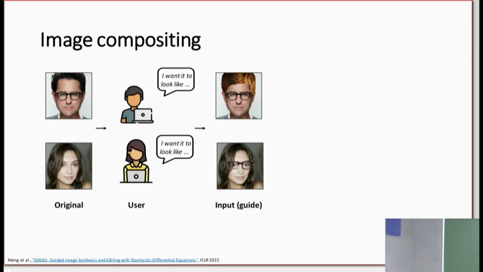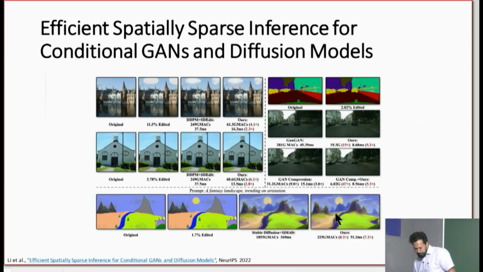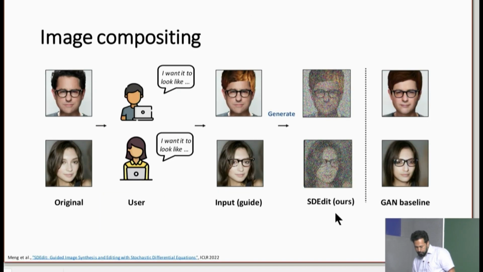You can put on glasses there. So it's possible, and here also they could do this kind of color change and put glasses on and so on. So these are the edits they could do with SDEdit. This is the same SDEdit paper. The idea for them is similar. They again go to this latent, and then they try to regenerate from the pre-trained one.